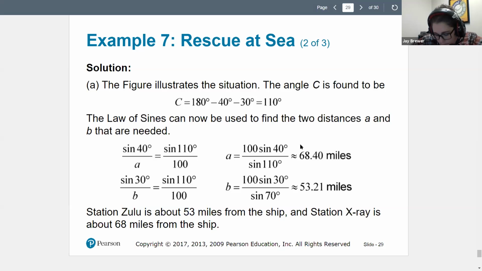Okay, so sine of 40 degrees over a equals sine of 110 degrees over 100 miles. So then A ends up being roughly 68.40 miles.